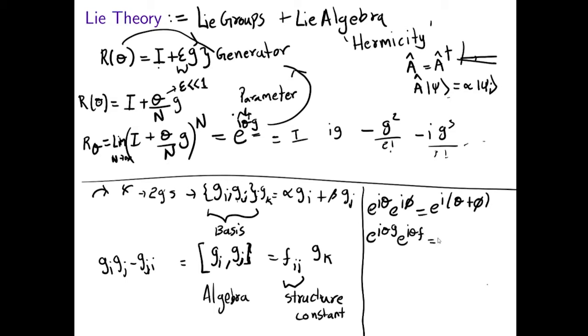Is this equal to e^{i(θF+φG)}? Well, turns out this is true provided we have the condition that if you take the commutator of them, FG minus GF, it should be 0.